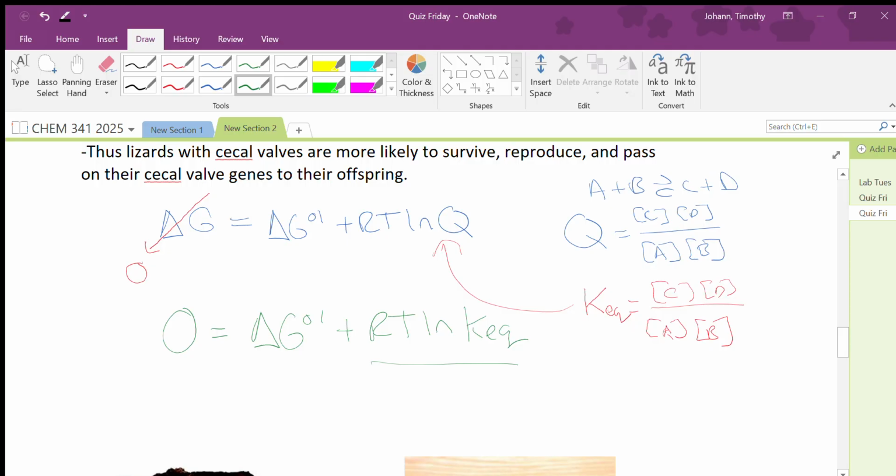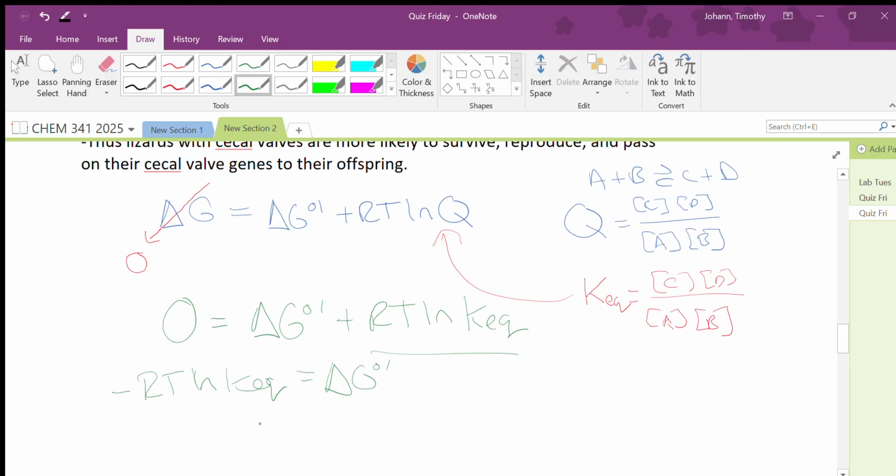I can subtract that piece of the equation from both sides, which is what I'm actually doing in algebra when I do that. And so I'd get negative RT ln of KEQ is equal to the standard free energy, right? And then this is usually written the other way. It's written with a delta G on this side.